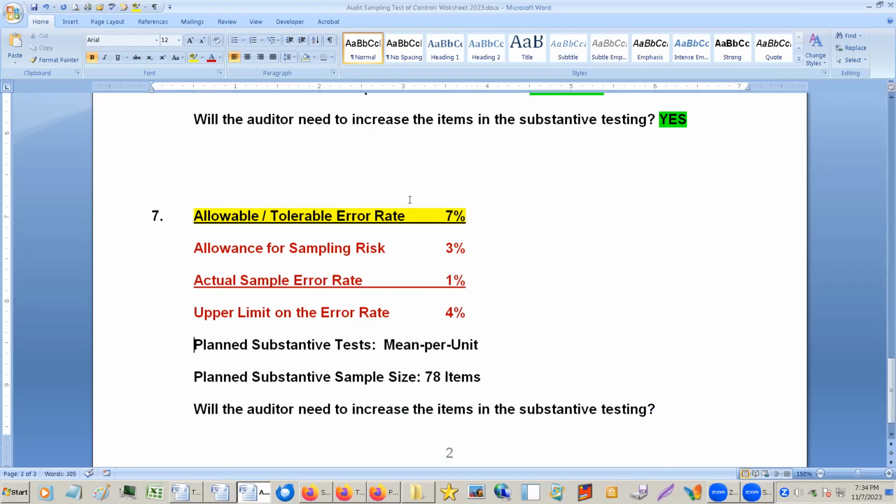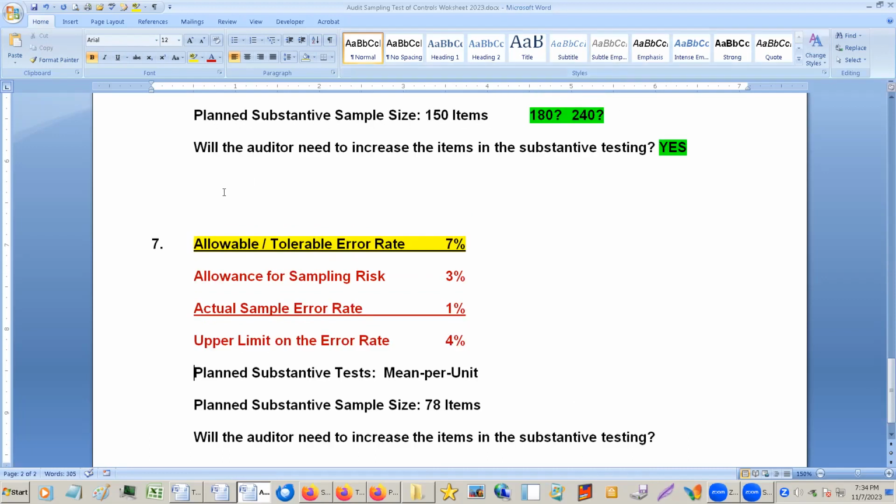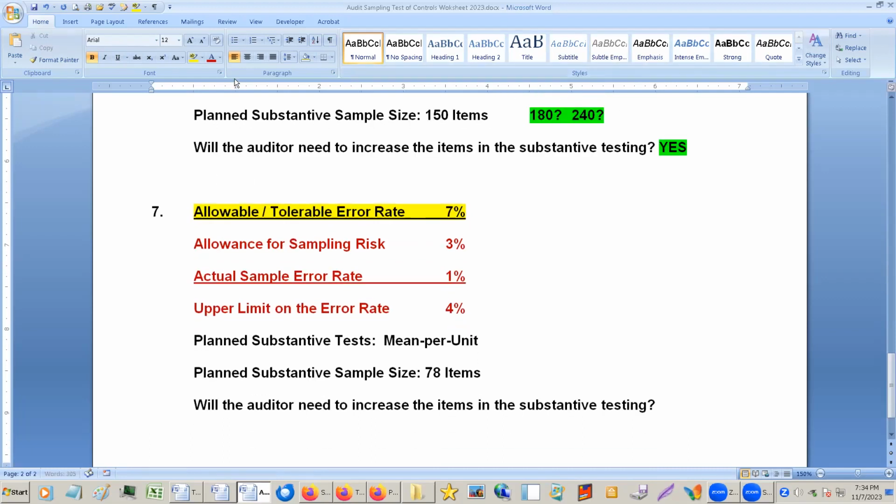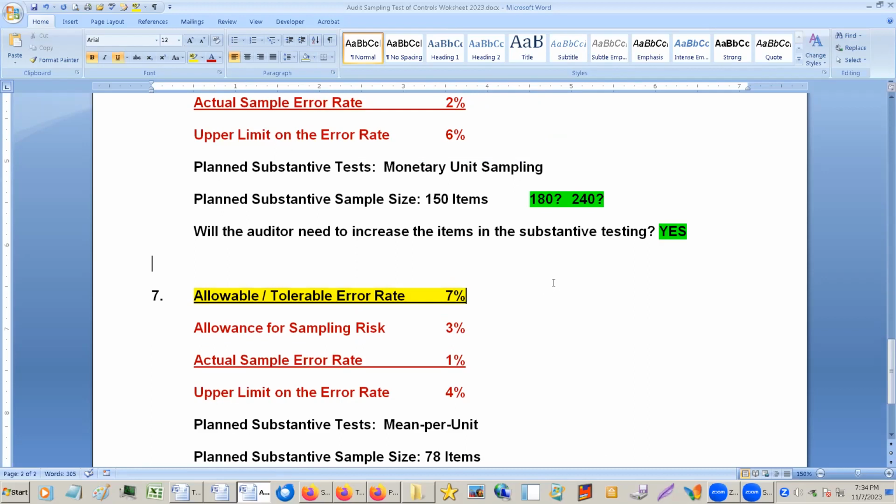Okay, so can we rely on the internal controls? Yes.